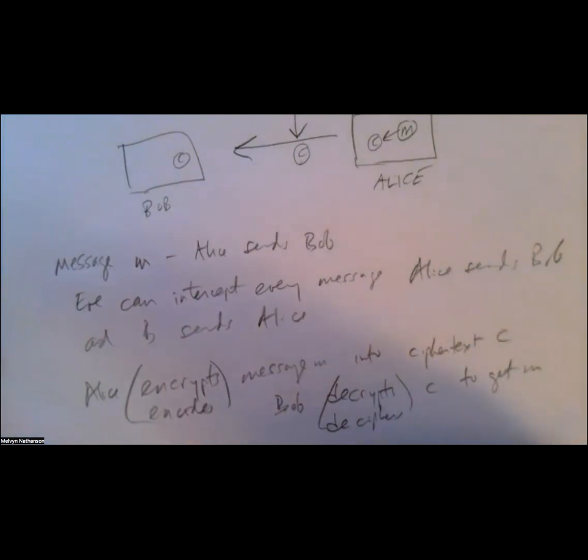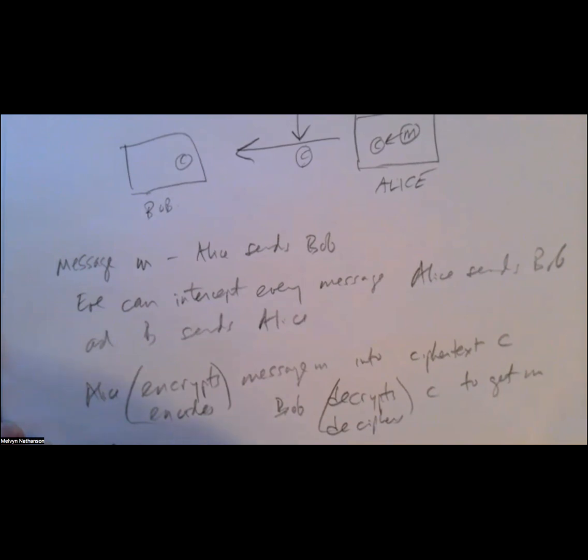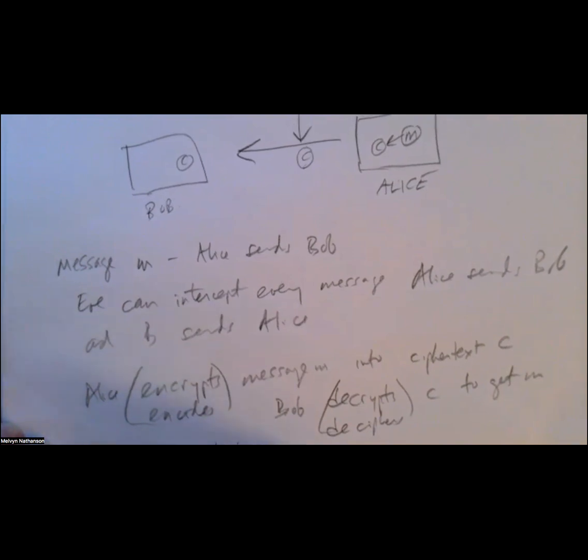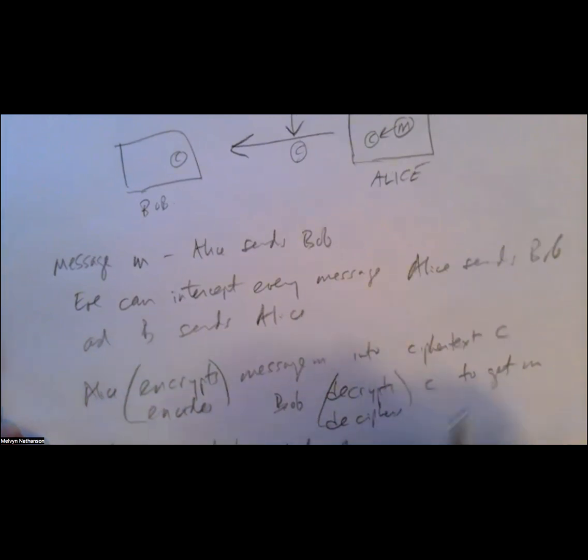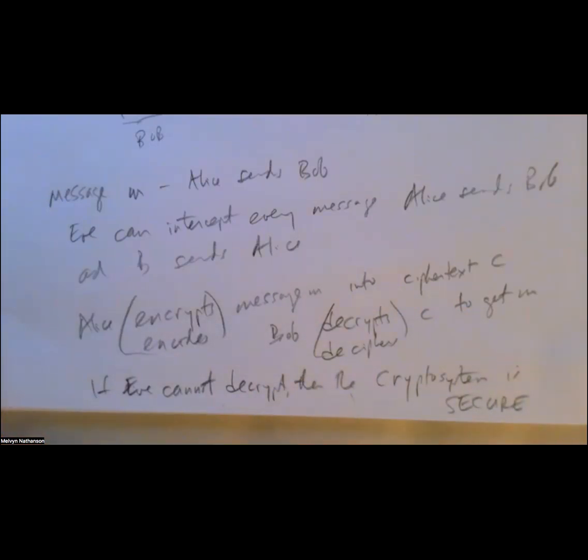At least if Eve cannot decrypt, then the crypto system, this message, is secure. And the game in cryptography is to develop, invent, discover secure crypto systems.